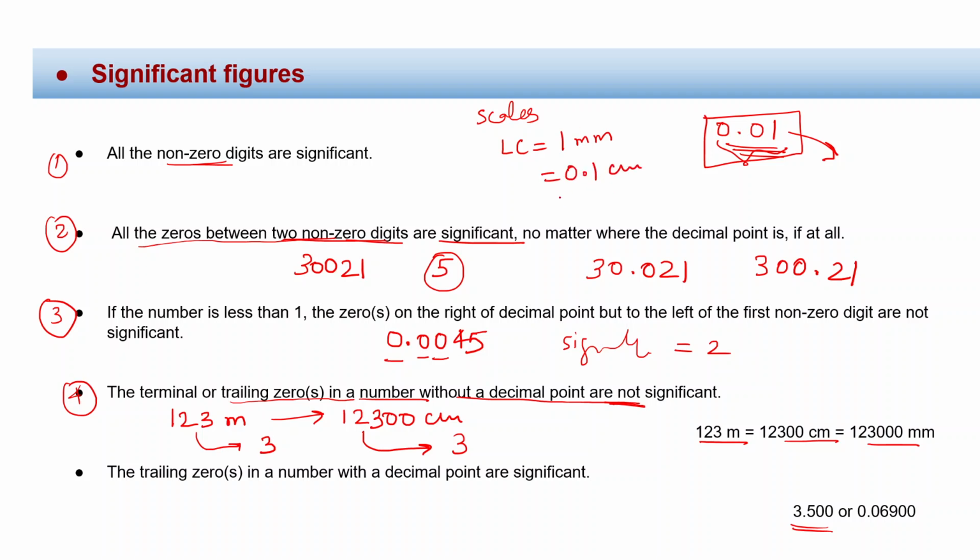It cannot go less than that. Similarly, the vernier caliper we had used has a least count of 0.01 centimeter. So these values cannot go lower than this.